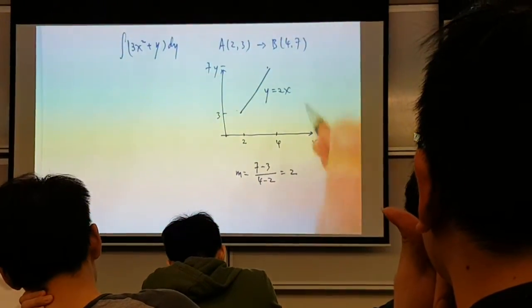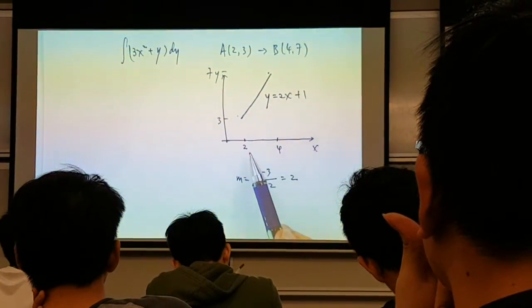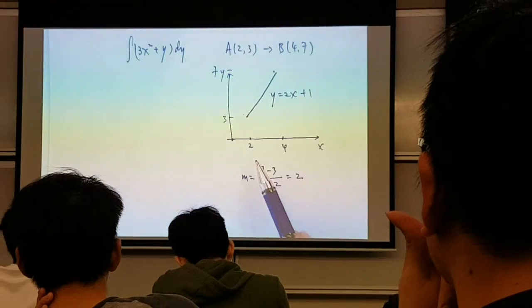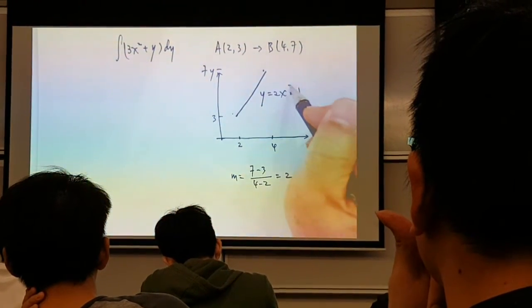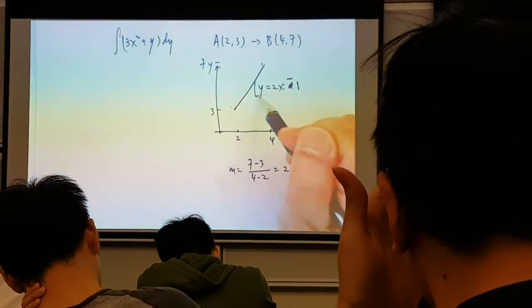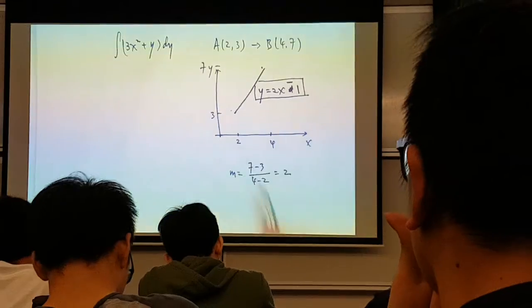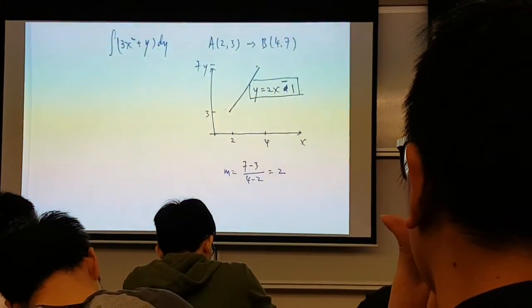plus 1? When x is equal to 2x, is it 2x plus 1 or 2x minus 1? Okay, 2x minus 1. So 2x minus 1 will be the line that we have worked out.